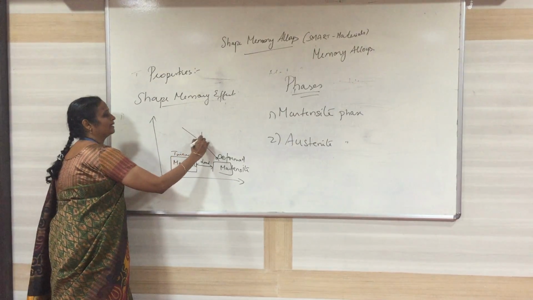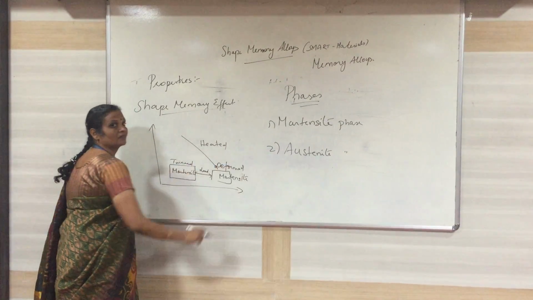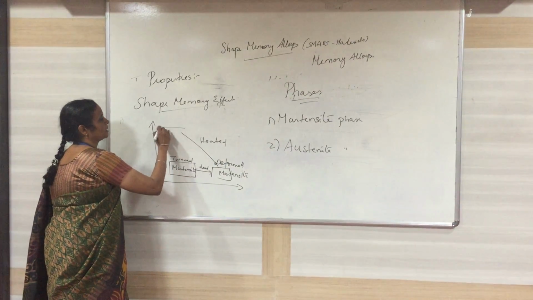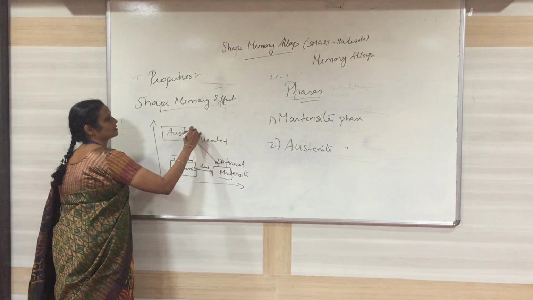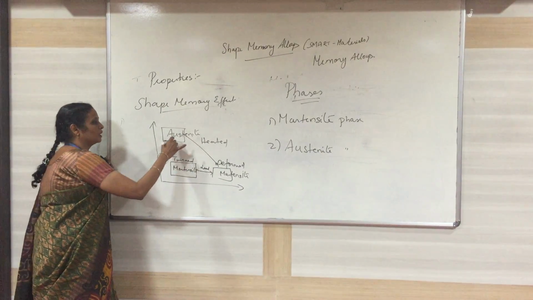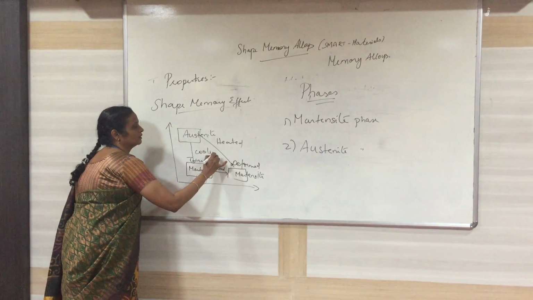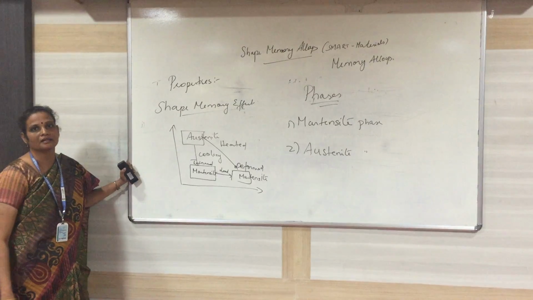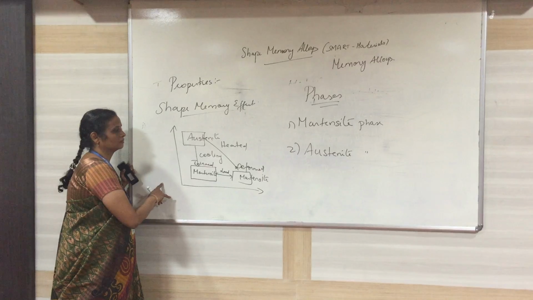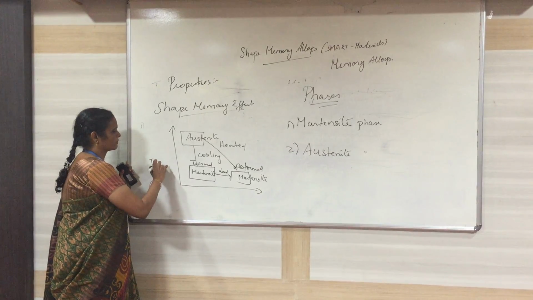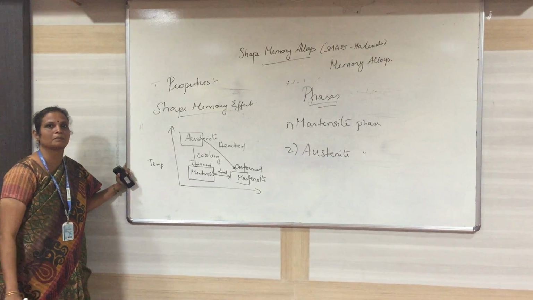When this deformed Martensite is heated, the Martensite gets converted into austenite. So when the material is heated, it reaches the austenite stage. Again, when you cool the austenite, the material regains its Martensite state. You can see in this graphical representation what happens to your shape memory alloy by changing its temperature. This type of effect is known as the shape memory effect.